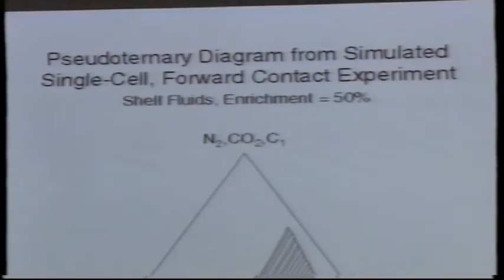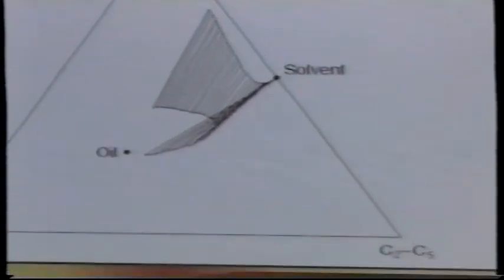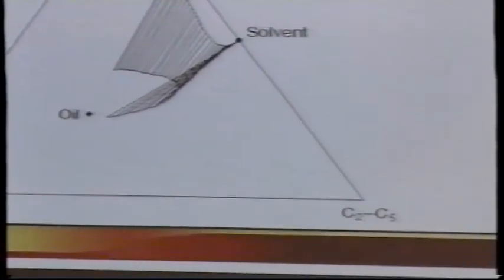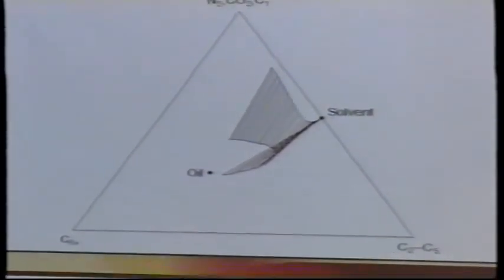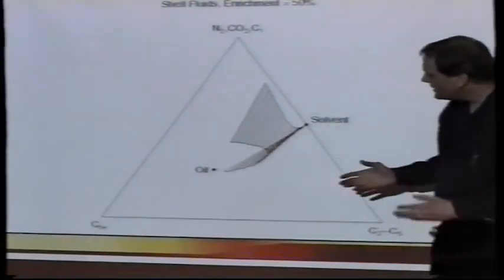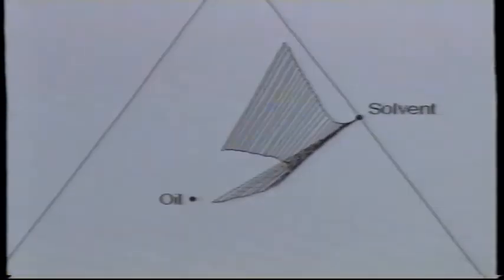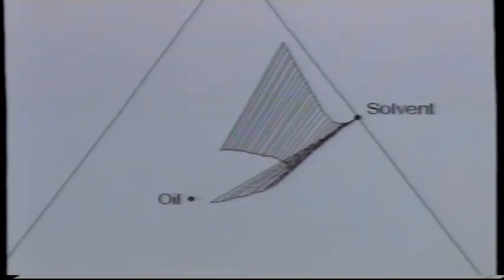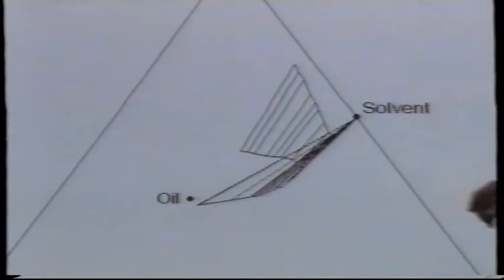It doesn't yet form two surfaces that interact in a discontinuous way. But if you measure the length of these tie lines and you go to higher enrichment levels, then that tie line goes shorter and shorter as you go to more cells injected.